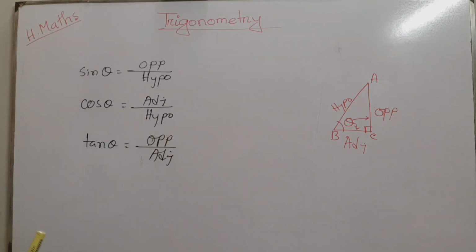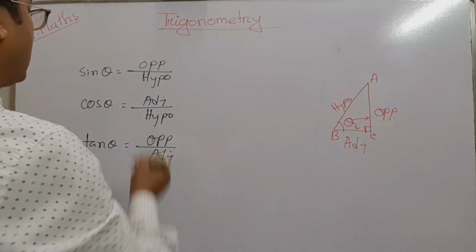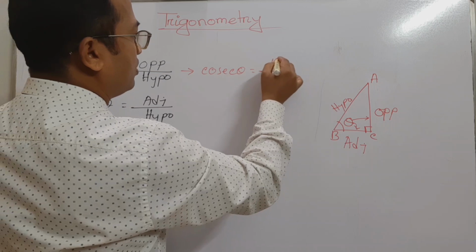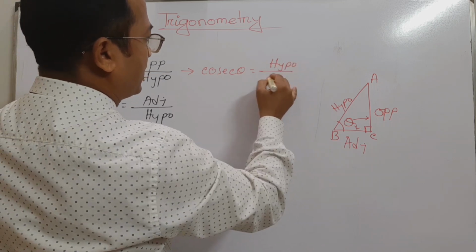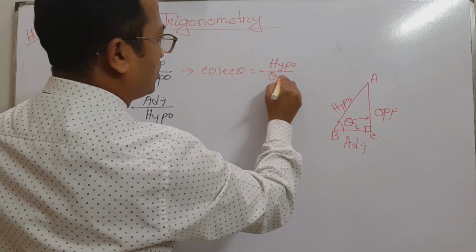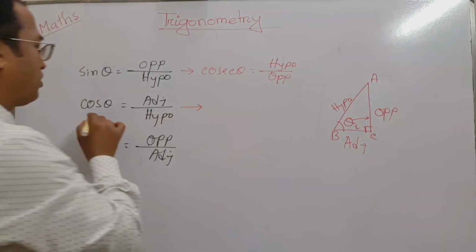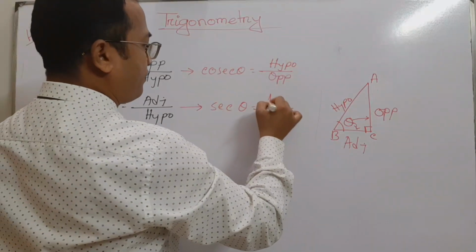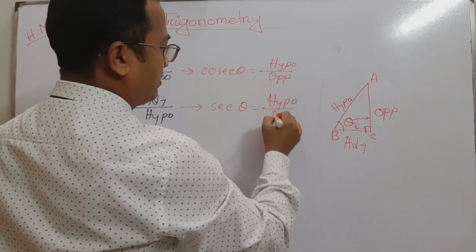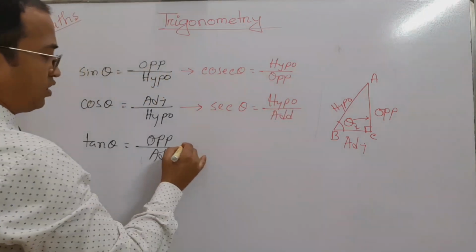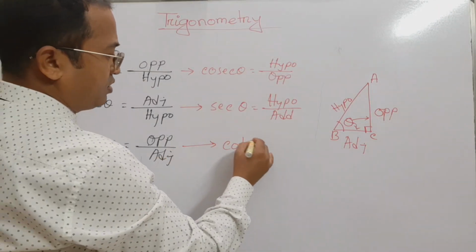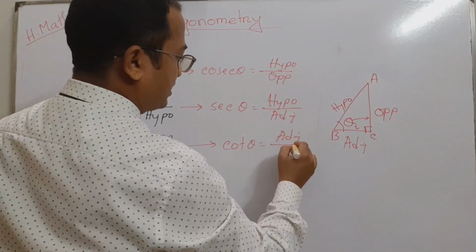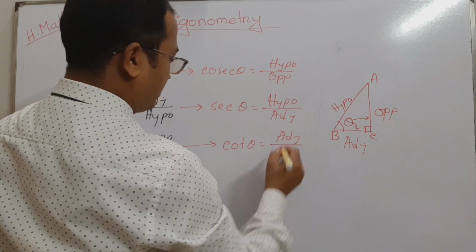If you know these 3, you can find the reciprocal 3. The reciprocal of sin theta, that is cosec theta, equals hypotenuse by opposite side, and the reciprocal of cos theta is sec theta, that is hypotenuse by adjacent side, and the reciprocal of tan theta is cot theta, that is adjacent by opposite side.